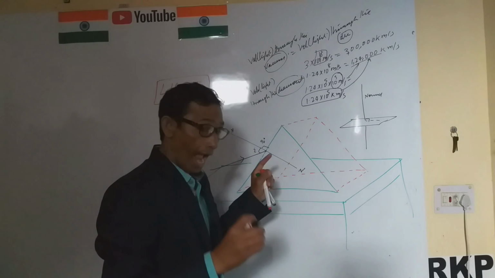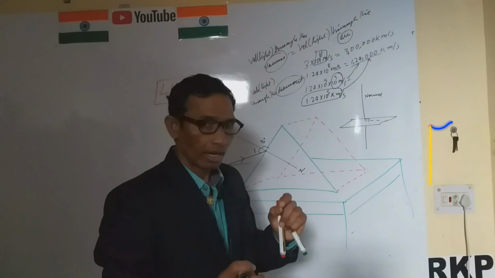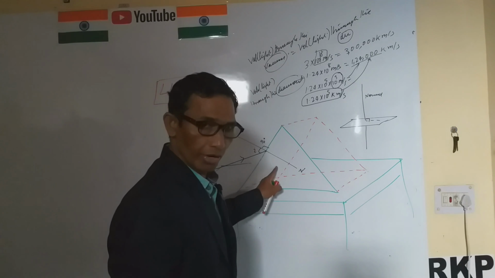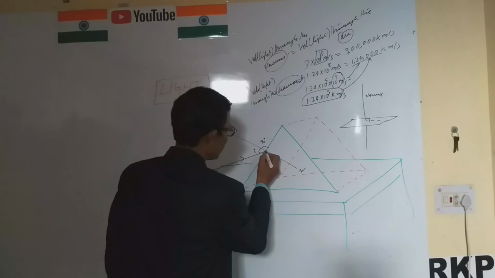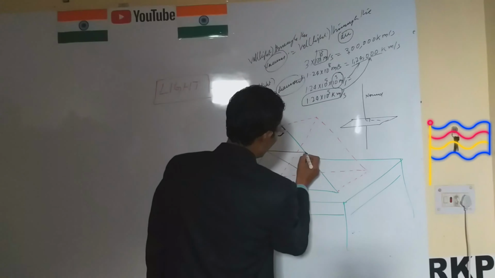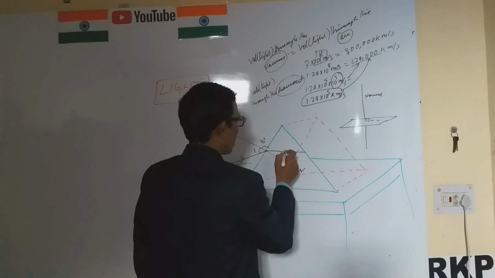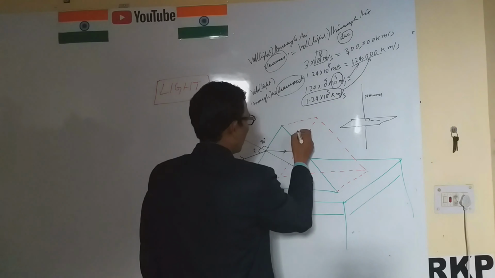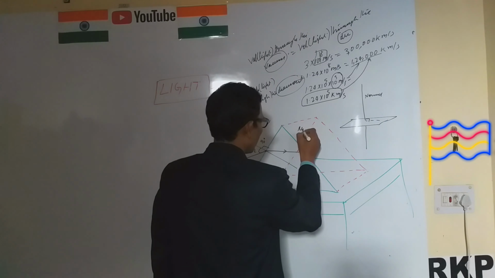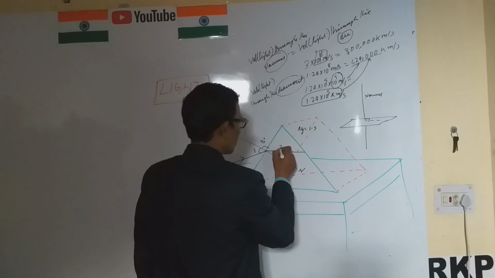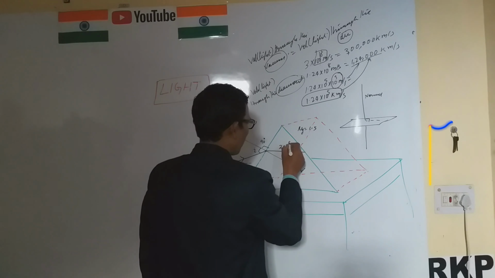So this one is the refracted ray through the denser medium, and if the refractive index is 1.5, then its velocity is 2 into 10 to the power 8 meter per second.